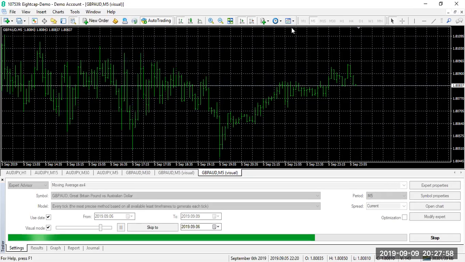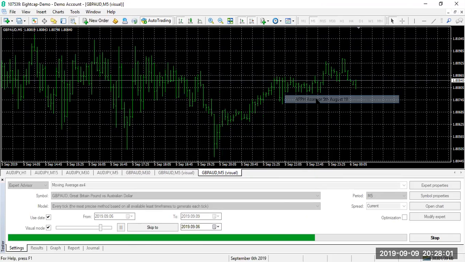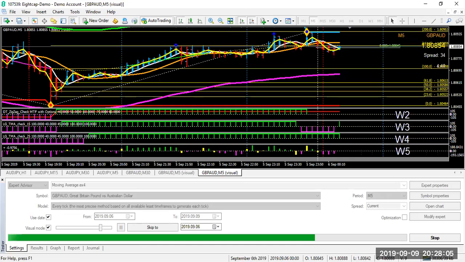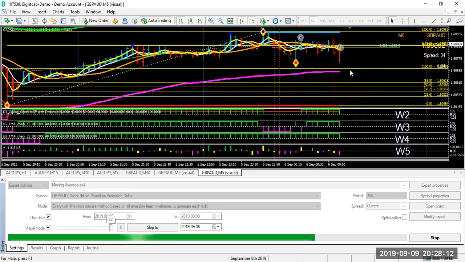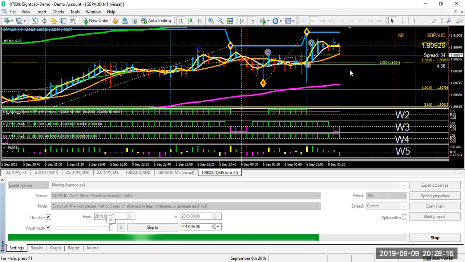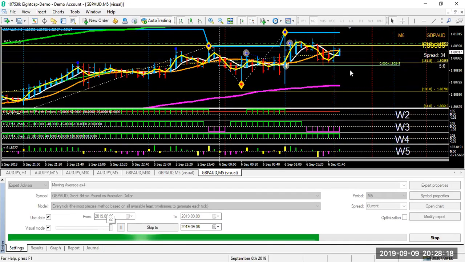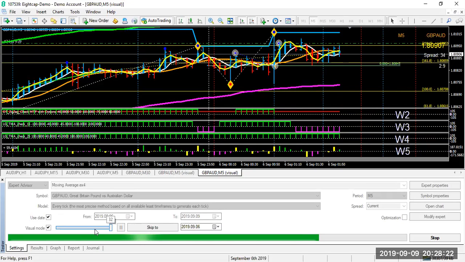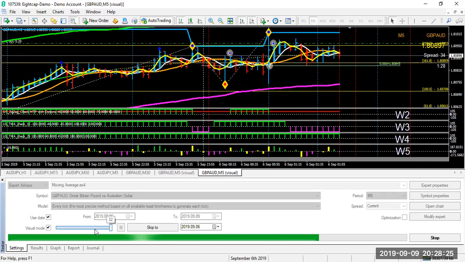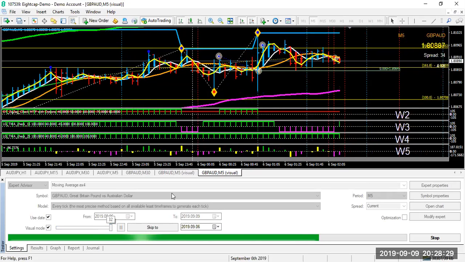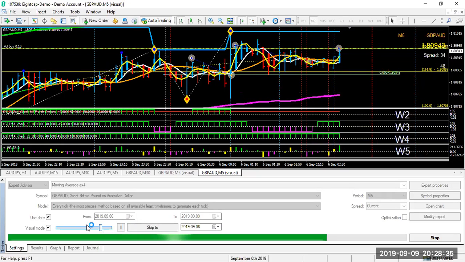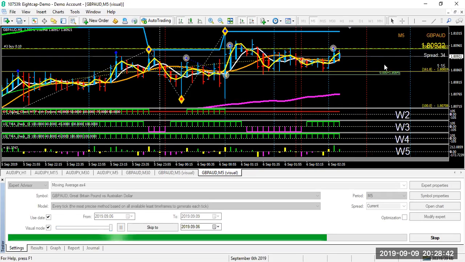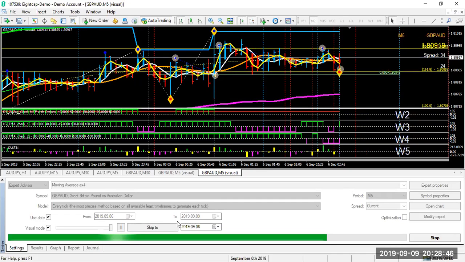Okay, so once again, as you're watching it, we've got a current high, got vertical line. Okay, so over here, okay, it's not.